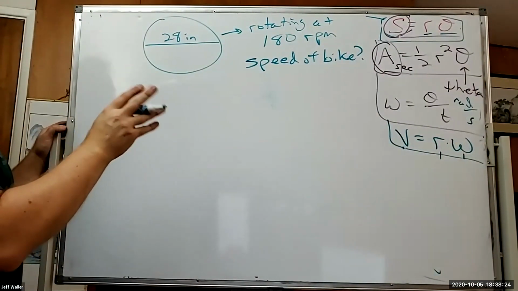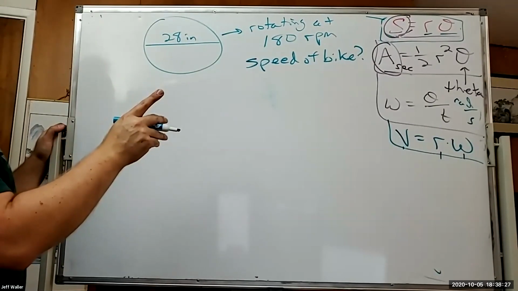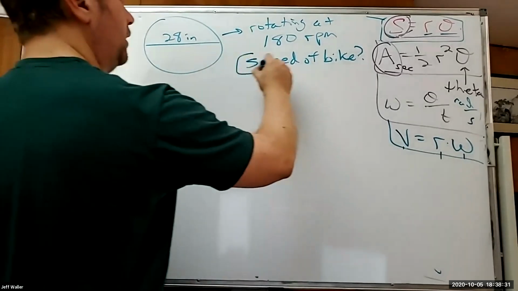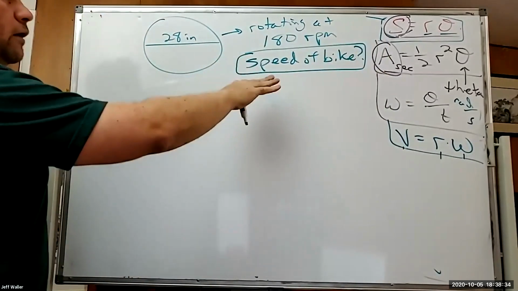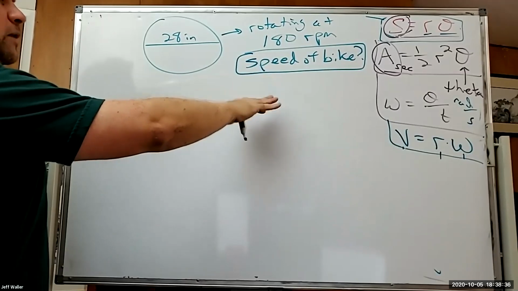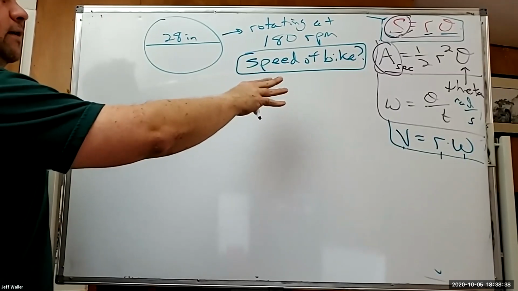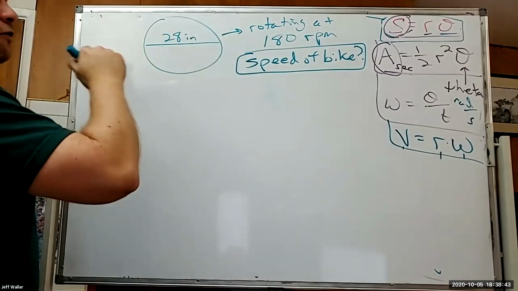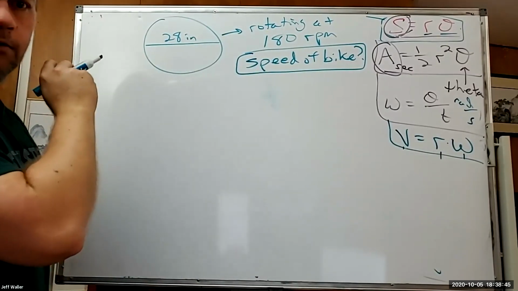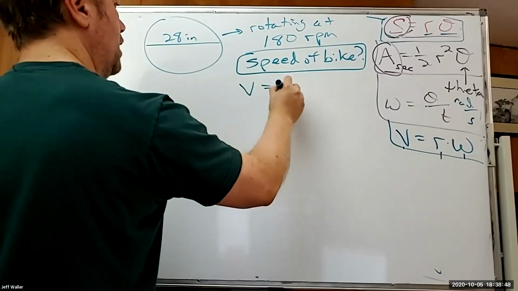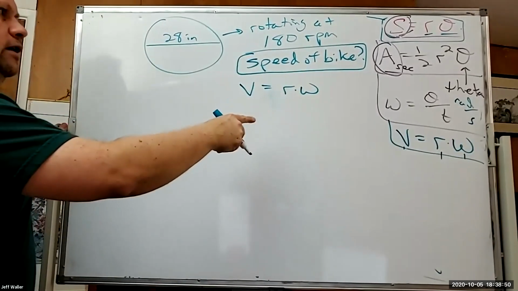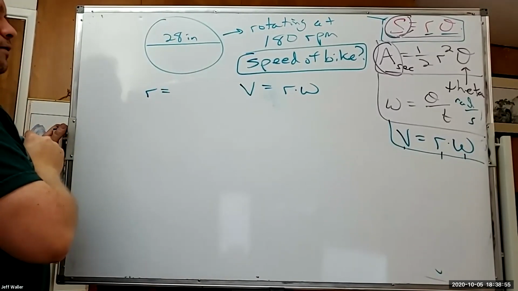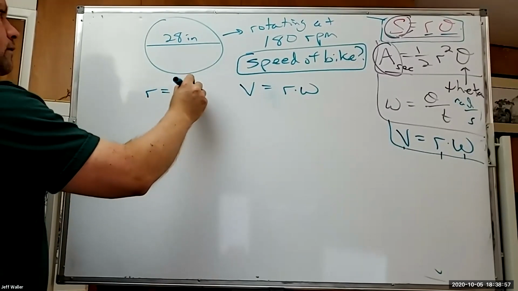So what do you notice first here? What kind of jumps out at you? So I want the speed of the bike. That's very often where I start, to be honest. And then I see, is there a formula that will get me here? And of course, what is that formula? The linear velocity formula. Yeah, linear velocity. So now I know what I need to figure out. And in this, what do I know? I know R is what? 14 inches.